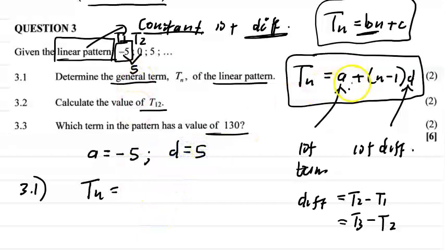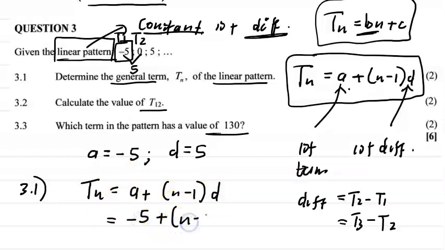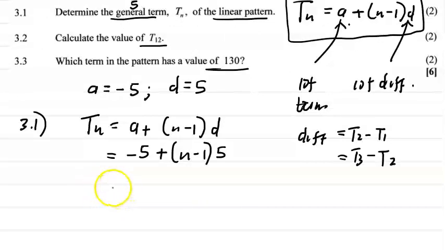So let's substitute into our formula. Tn equals A plus n minus 1 times D, which leaves us with the following. So we've got A is negative 5 plus n minus 1 times D, which is the difference is 5, and let us open those brackets out now. So we have the following: minus 5 plus 5n minus 5.